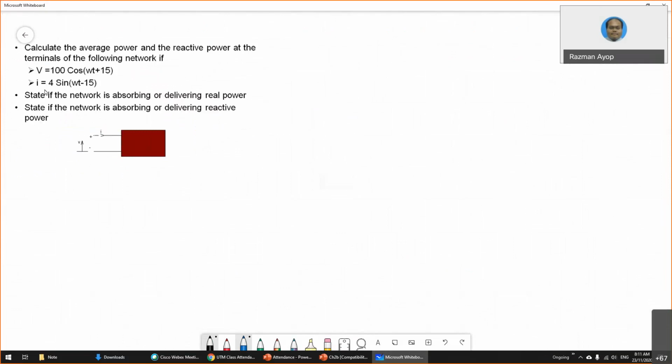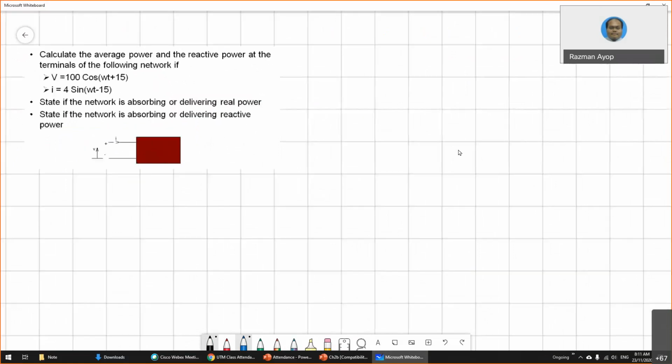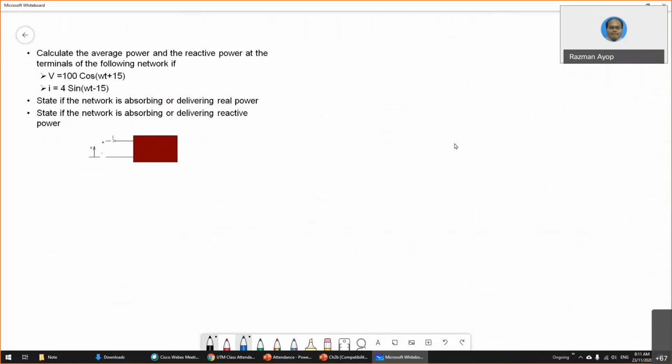So you have V and I. So for this one, you can either use P equals VI cos(theta V minus theta I), or I just show you both ways. The first way is to use this way.